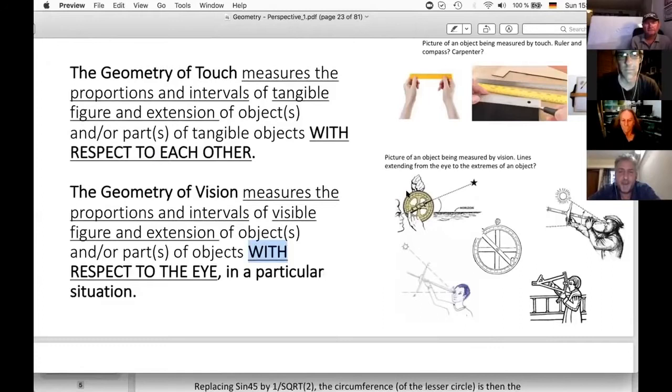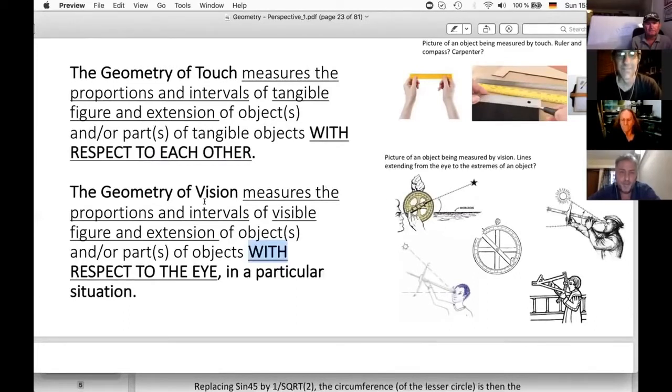They have no way geometrically of knowing whether the star is massive, as they tell us the sun is, and it's 92 million miles away, or whether it's only 3,000 miles away and 32 miles in diameter, or whether it really is the size of a 5-pence coin held at arm's length. You cannot tell the difference in those things from a geometric perspective.